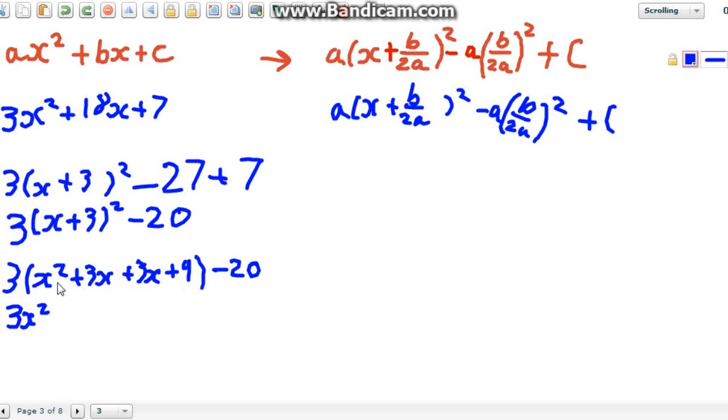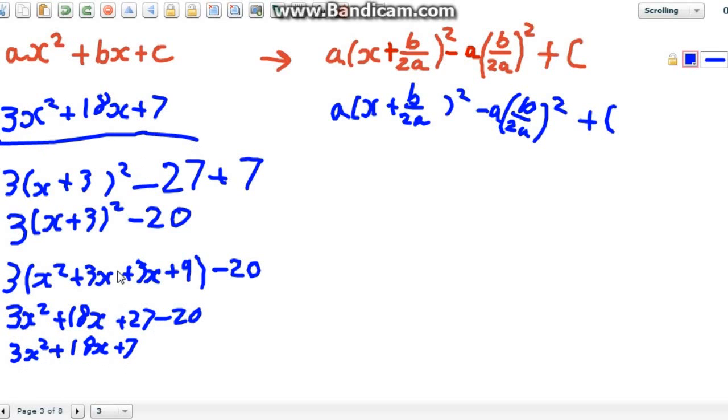This adds to 6x times 3 is 18x. That's minus 27. Well, that's plus 27, even. Minus 20 gets us 3x squared plus 18x plus 7, which is what we started with, so we know it's right. So if you're ever in doubt, you can just work it out.